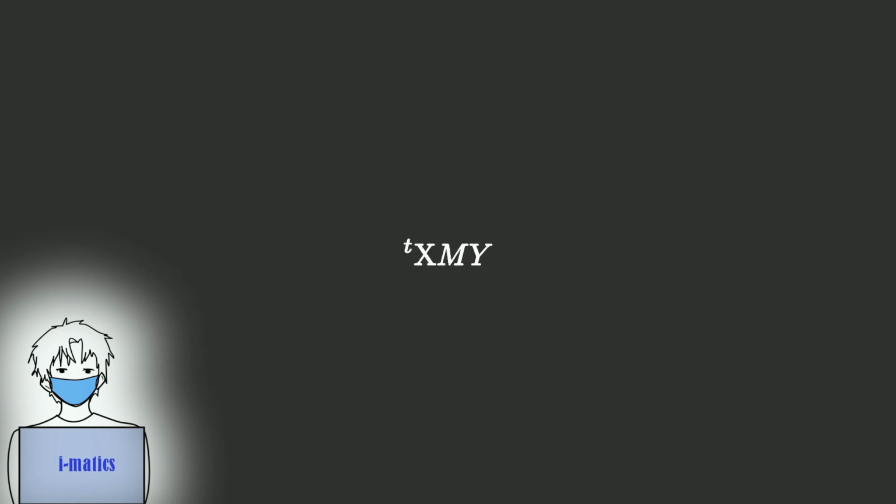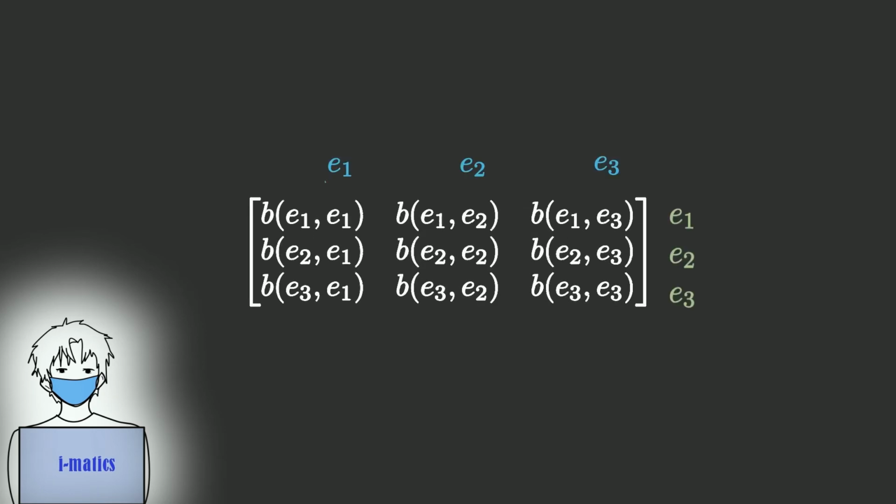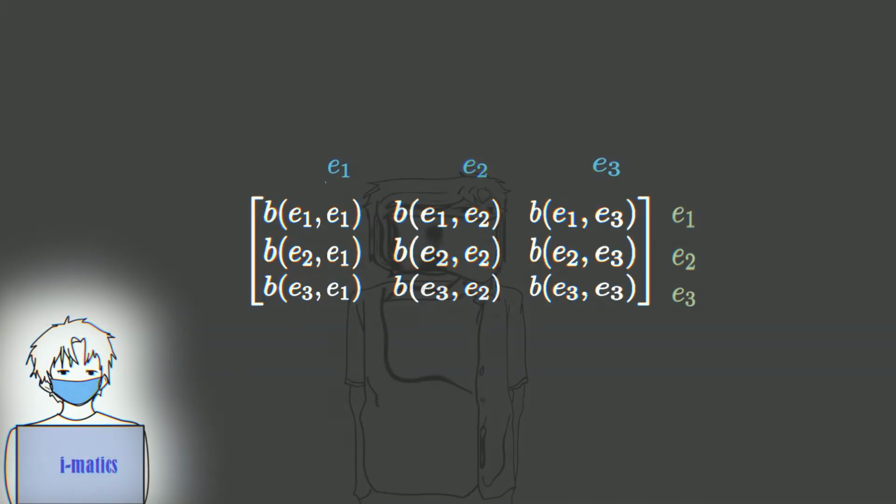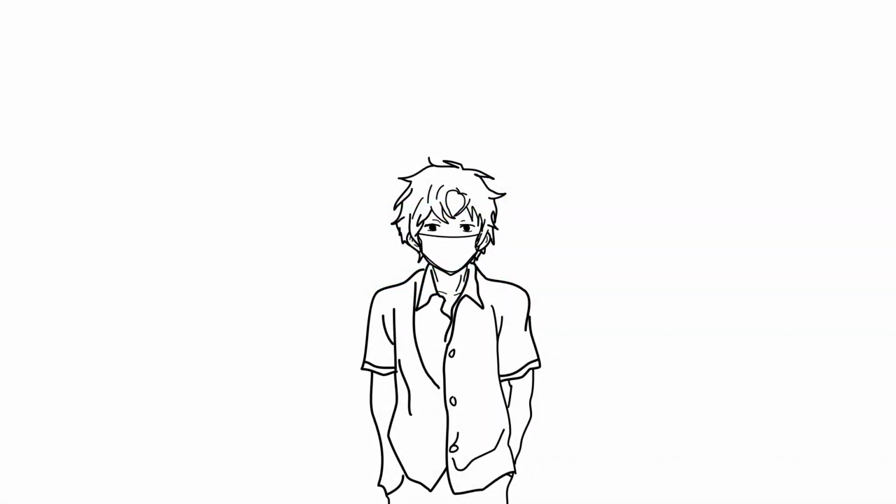Now we have an idea of how B operates in the vector space, and we can now encapsulate B in a nice matrix like this. So obviously the next step is applying that and seeing B in action.